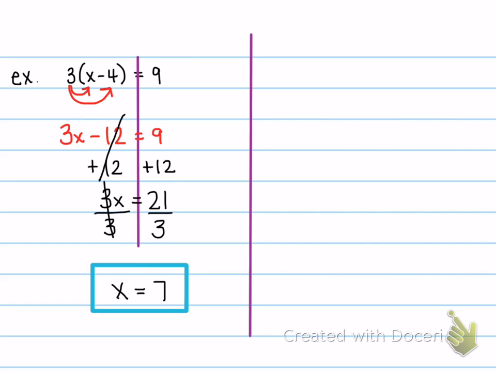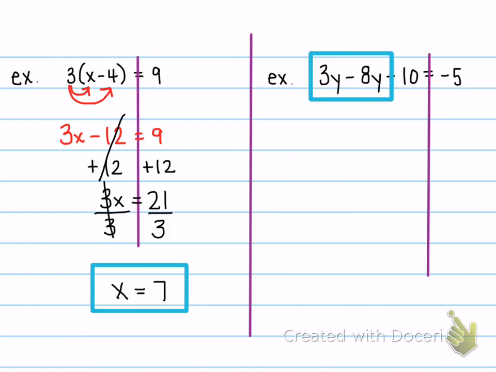All right, let's try another one. The equation is 3y minus 8y plus 10 equals negative 5. All right, and I put my line in there and I check for anything that can be simplified. In this problem, there's no distributing because there's no number outside, but I do see that I have some like terms.